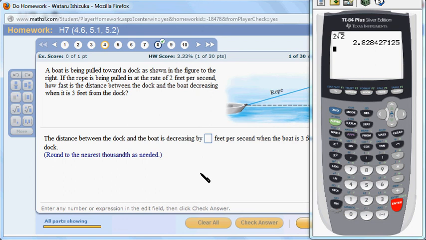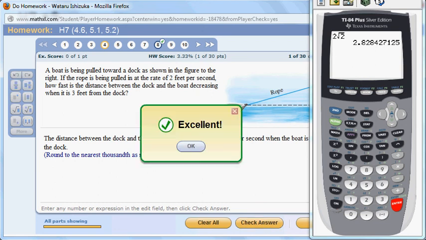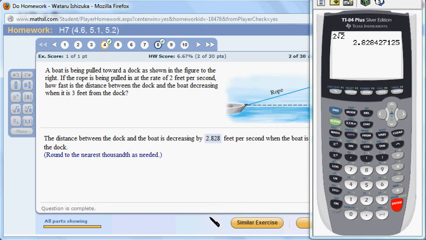So I'm going to type it in: 2.828 feet per second. Let's check the answer. Got that. That's it. I hope this was clear.